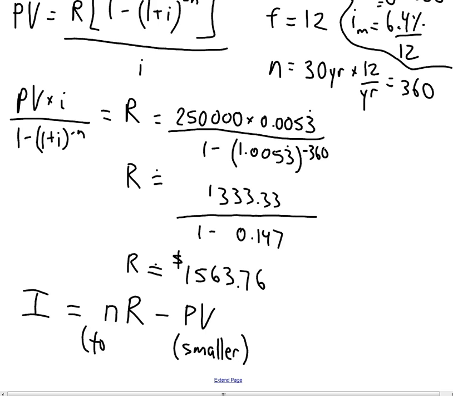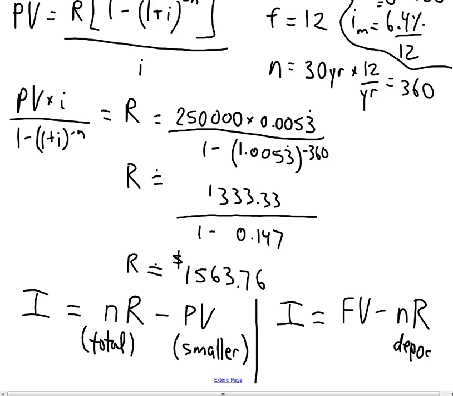So the total is always nR, and the present value would be smaller, so subtract those and we'll get the interest. In a future value question, future value builds from multiple investments, and so if we want to determine the interest earned, we would subtract the contributions, or what we have looked at as total deposits. So in that case, this is larger.